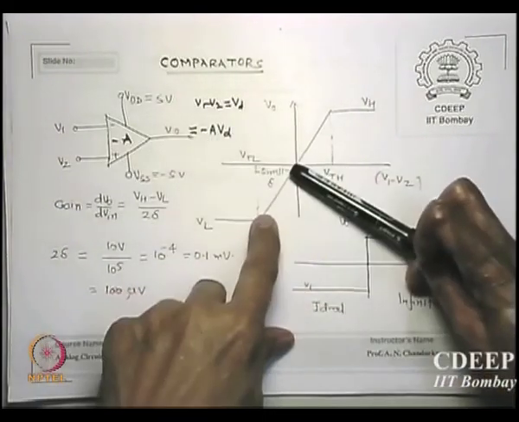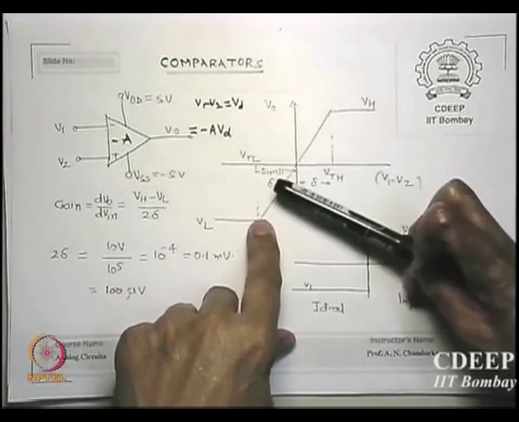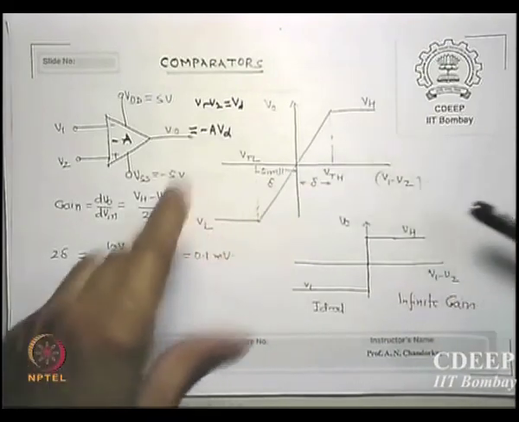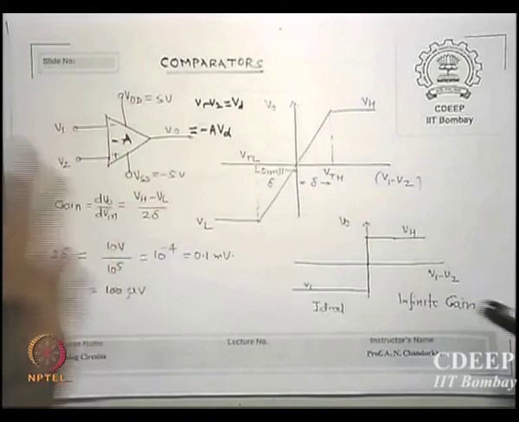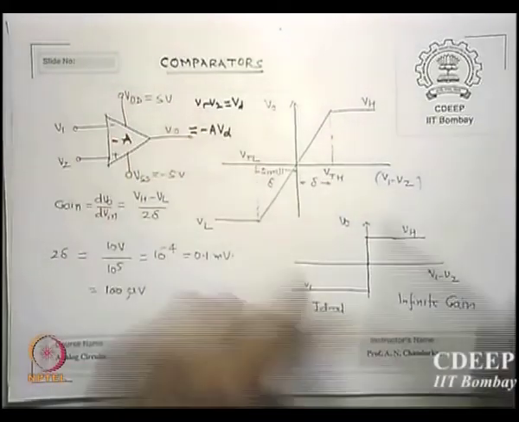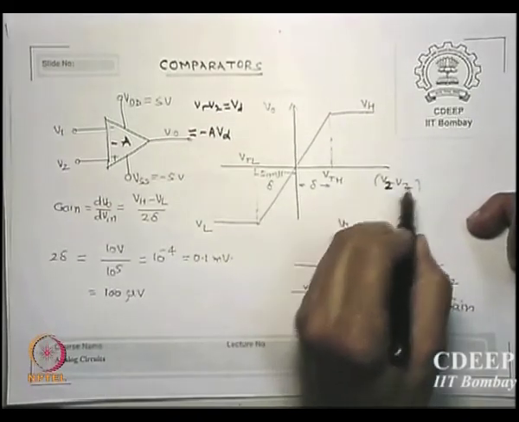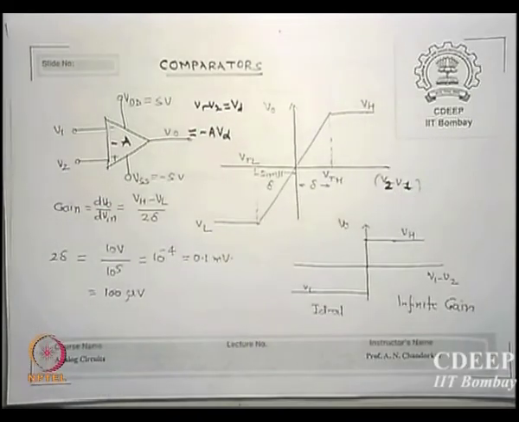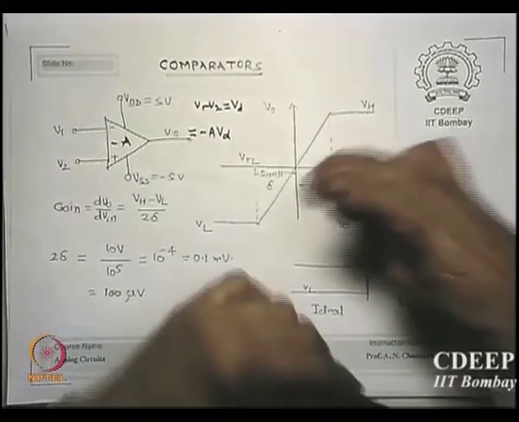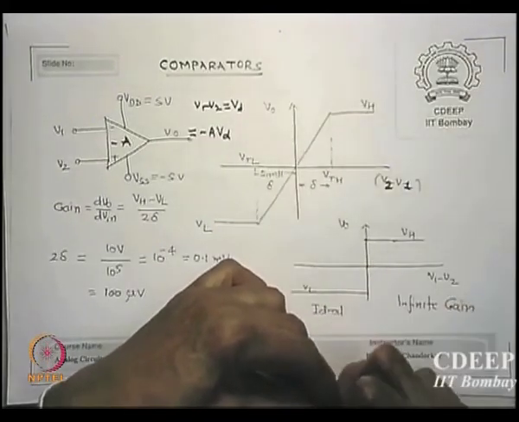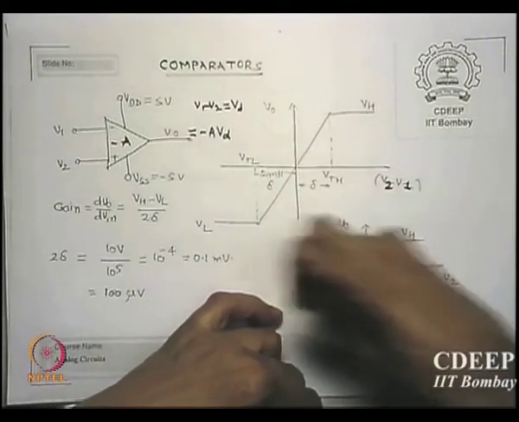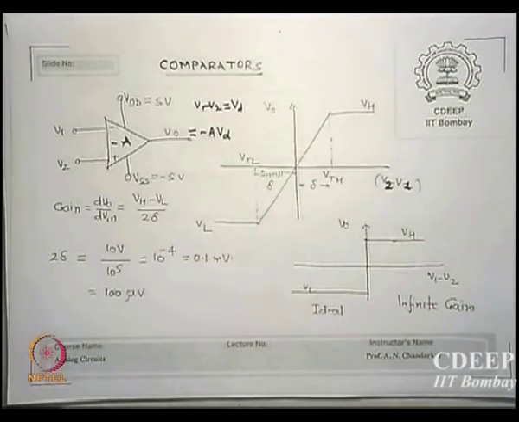Okay. If V1 minus V2 is positive, or rather it should be opposite sign because it's a minus sign, ठीक है, इसको minus ले लेते हैं अभी। If it is minus, the output will go high, and if it is plus, output will go minus VSS.